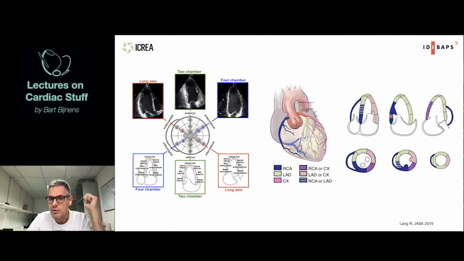So if we try to use these standardized segments, we come into problems. You can already imagine that if you compare a basal one with a mid one, and you do a study where you average the deformations, or even the thicknesses, over these standardized segments, that makes no sense. But this is what a lot of people are doing in the literature. And the result is that in the literature on hypertrophic cardiomyopathy, they say that the septal segments are reduced in deformation.